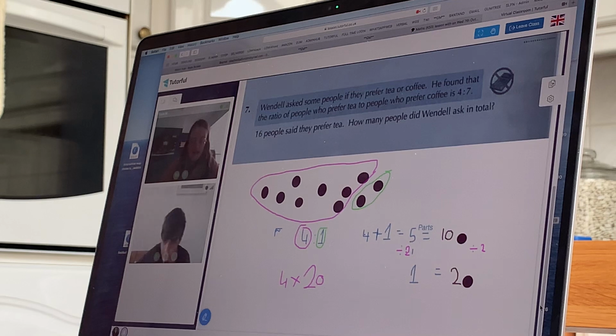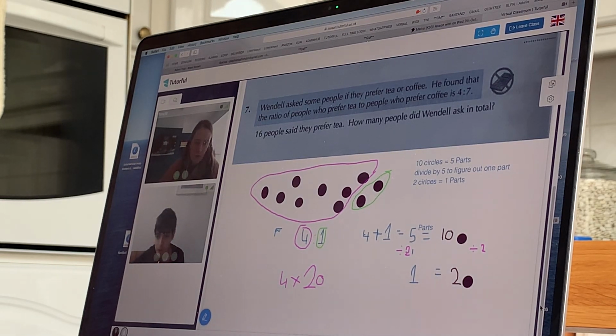But last time we didn't only divide by 2. We divided by the amount of parts because we wanted to figure out how many pencils were in just one part. So can you see? I'm just going to highlight here. 10 circles equals 5 parts, divided by 5 to figure out 1 part. 2 circles equals 1 part.